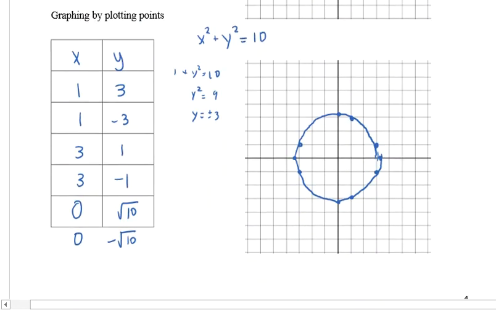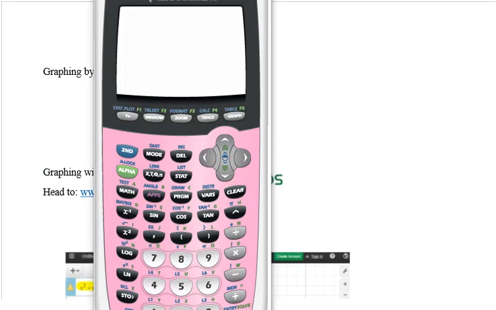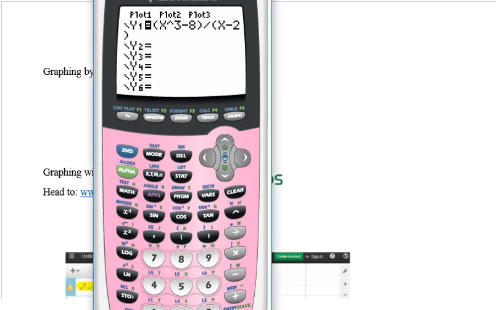Next, we're going to graph with the graphing calculator. So here I have my graphing calculator. When I want to graph with the graphing calculator, I'm going to start by pressing y equals. It's over here on the left. And if you see second, it's right above that, y equals. Clear out anything that's in there already. And let's start with that same first one of y equals x squared. So I'm going to type in x. Now you can do x two different ways.